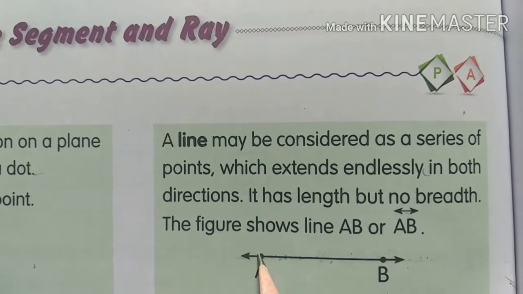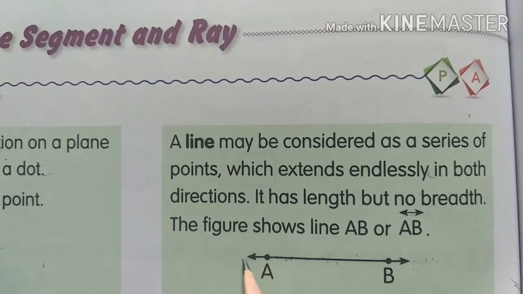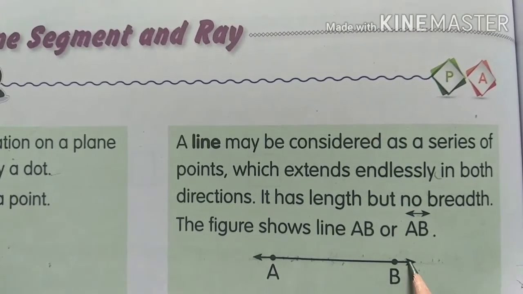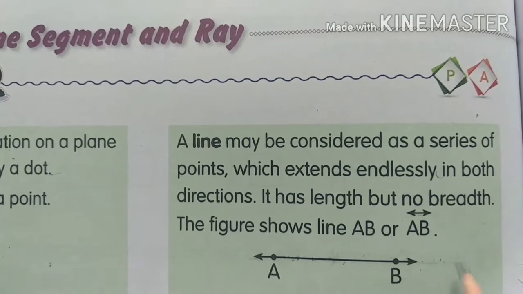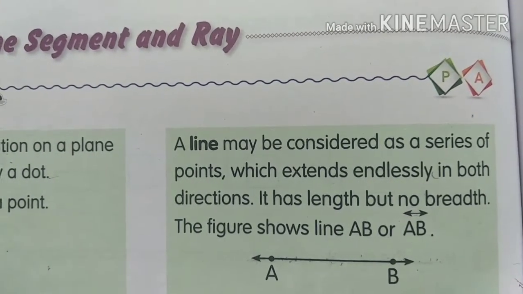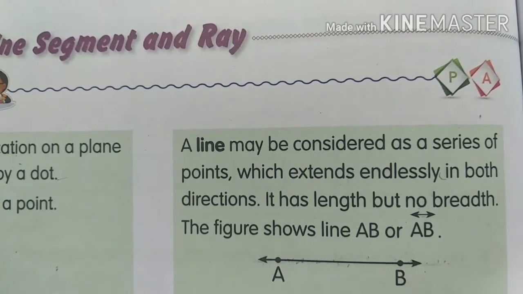Here also no end. This arrow mark means no end. It has length but no breadth.